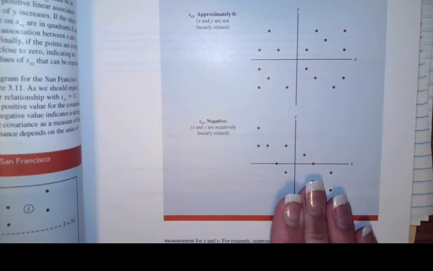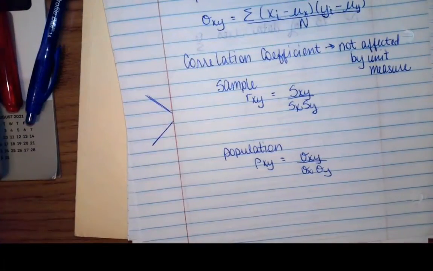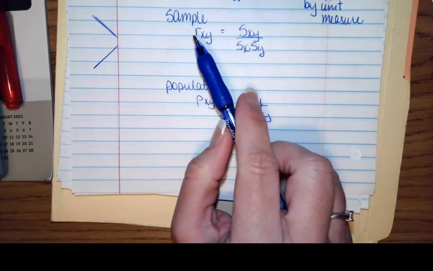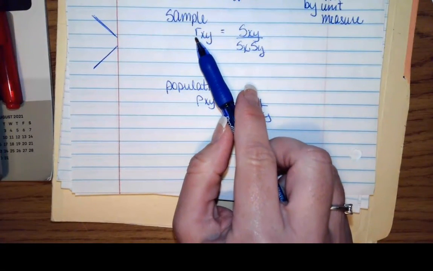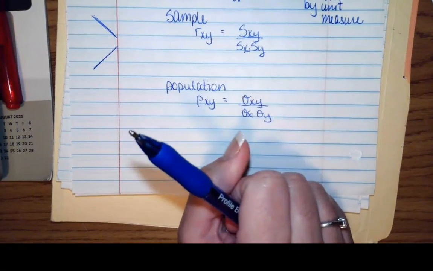It's pretty much there. You can see the line, but it's not tight and close, and it doesn't make a perfect line. So how do we figure this out? For a sample, we're going to use R, with a subscript of XY because we've got 2 variables.